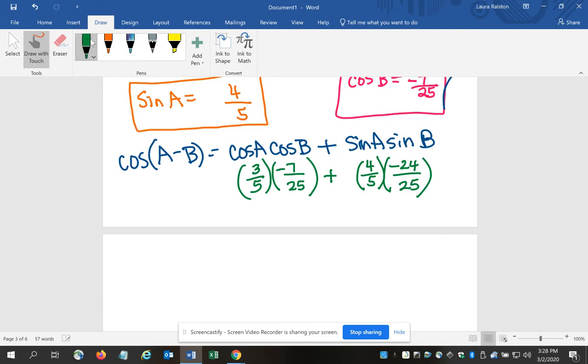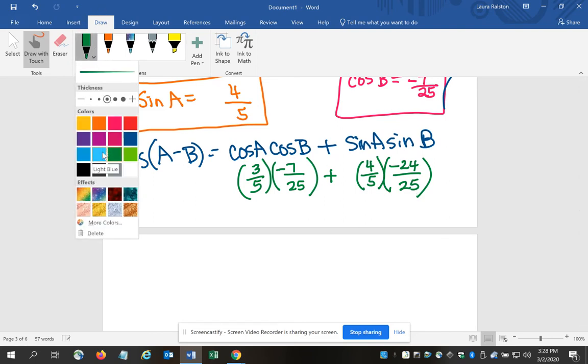Okay, and then I just do the basic math. Multiply the fractions together. Remember, you multiply the numerators together, multiply the denominators together.